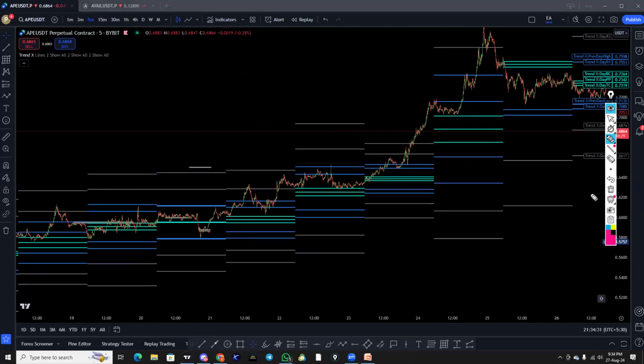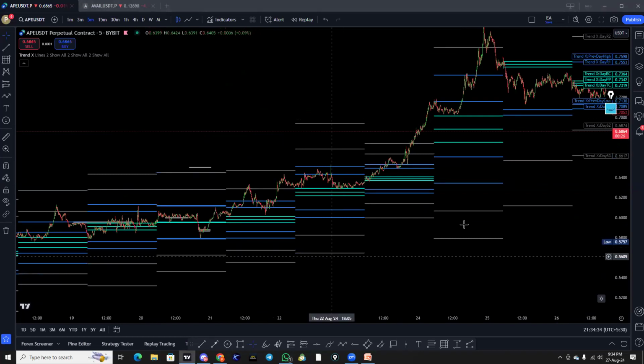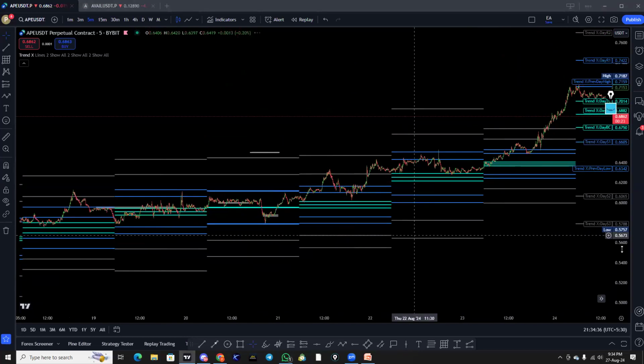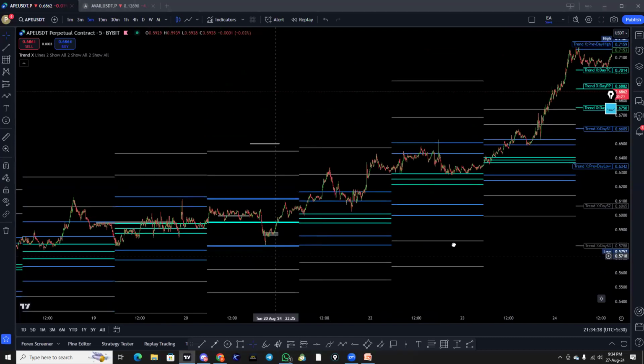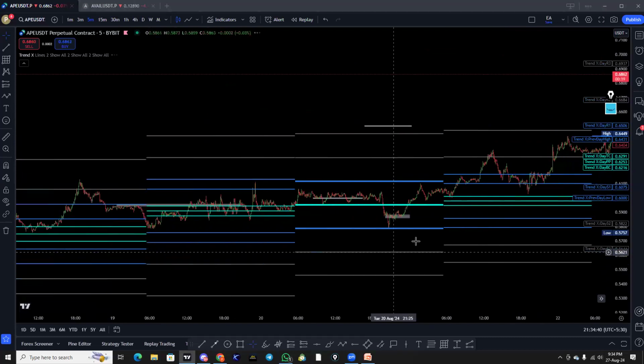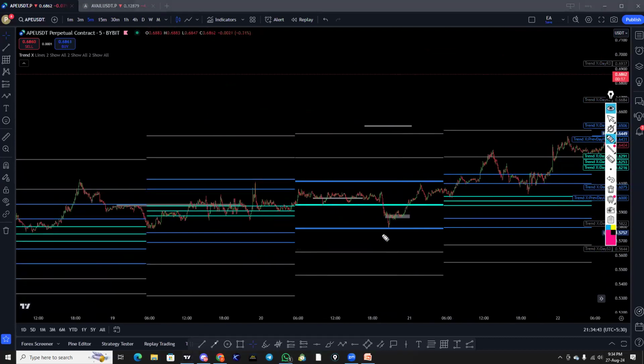Because we have only two areas to look for long positions above daily trend X. If candles are coming below a daily trend X, then this is our trade, a daily S1 and previous day low. Correct. So now when we take trades from here, our first target will be the daily trend X.